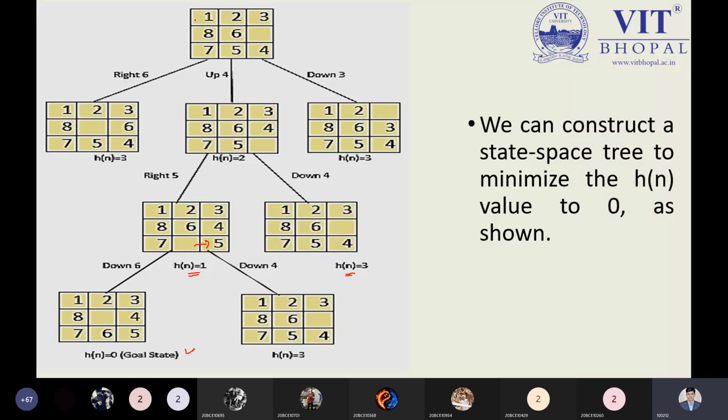So what is the correct path I have chosen? Let me write here with the highlighter. Yeah, this one. This is correct. First I'm choosing the up 4, then this one, then this one.